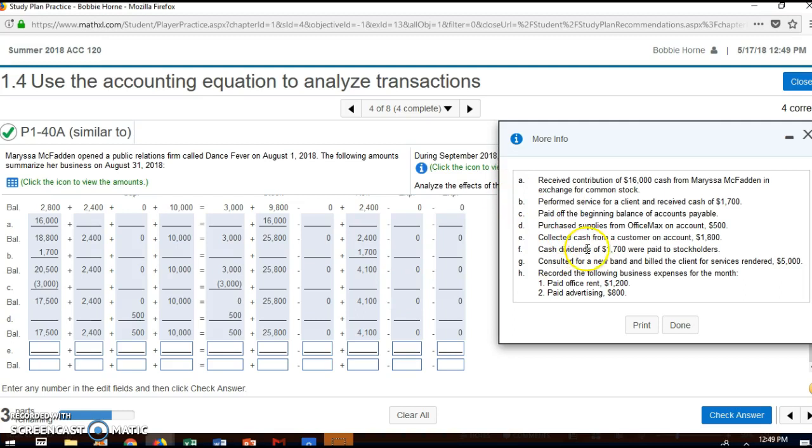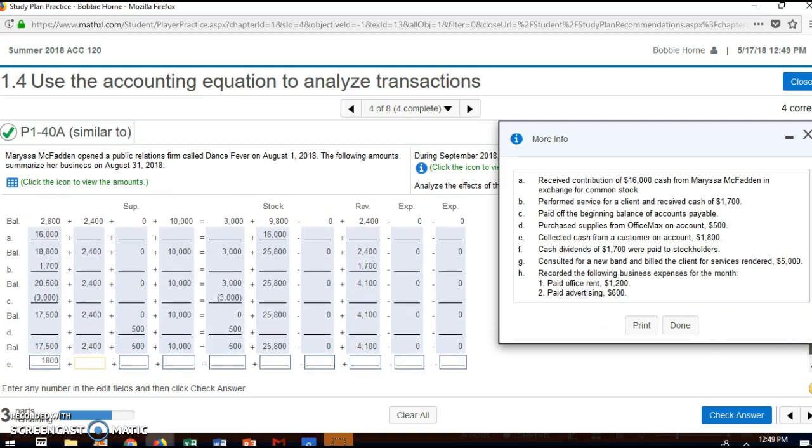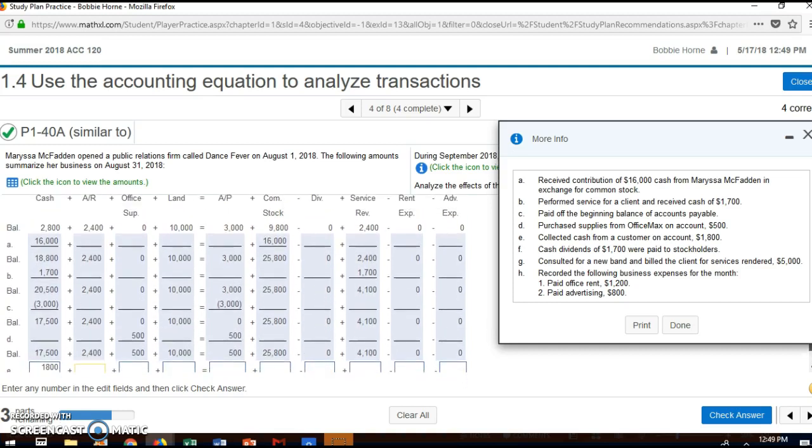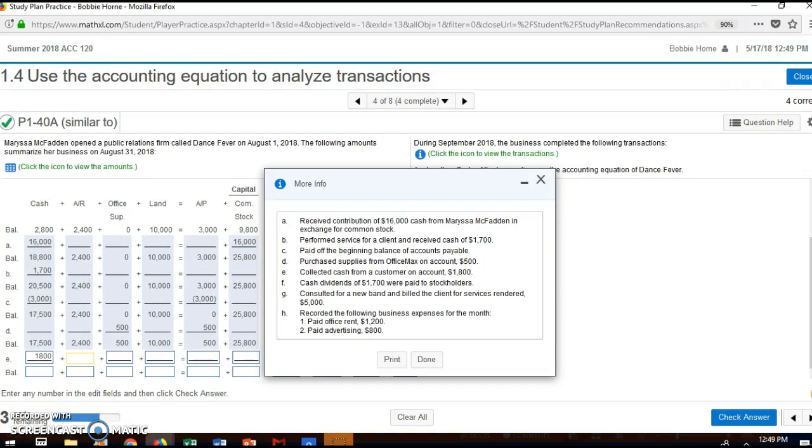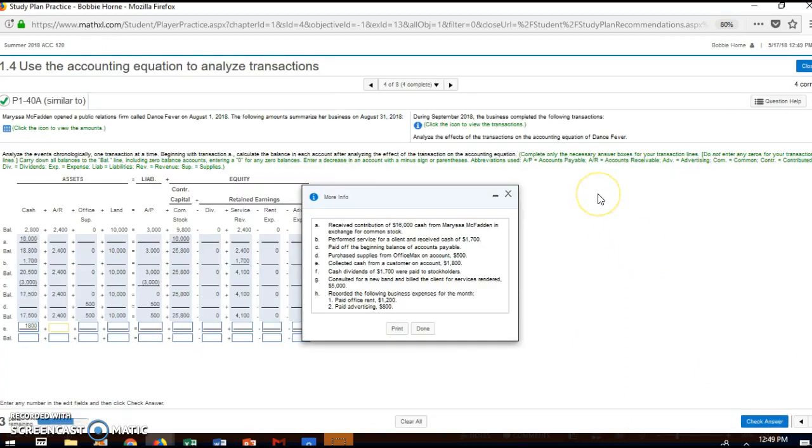Okay, and then for E, collected cash from a customer on account. So we're getting cash. A customer is paying on their accounts receivable. So cash is going up. Let me make this smaller, so maybe we can, okay, that's too small.